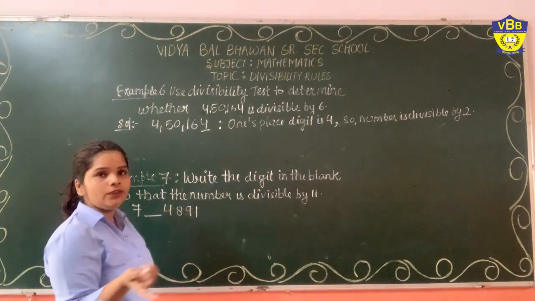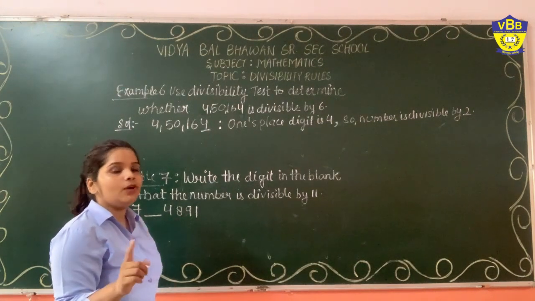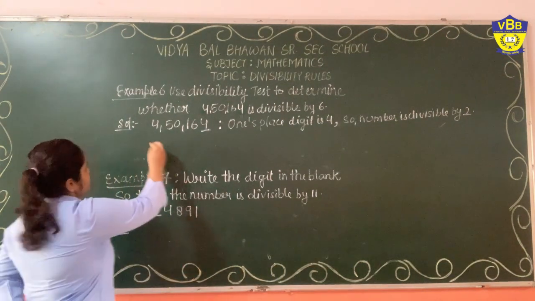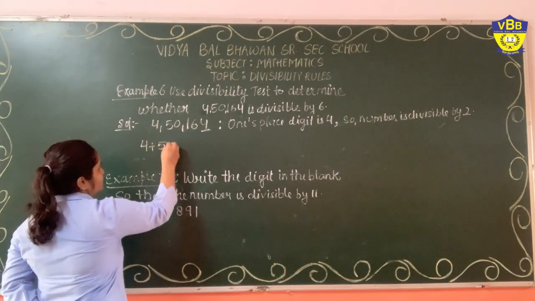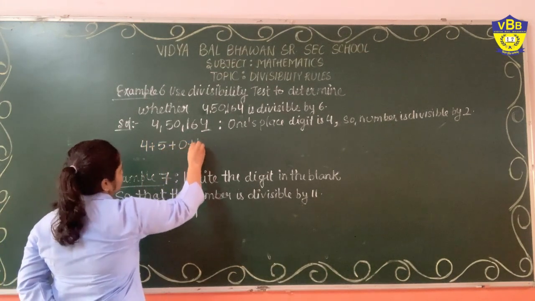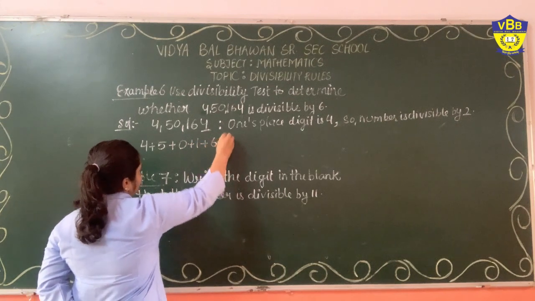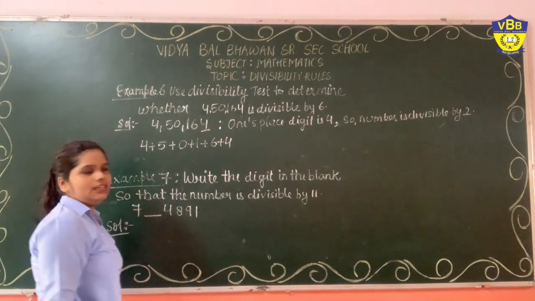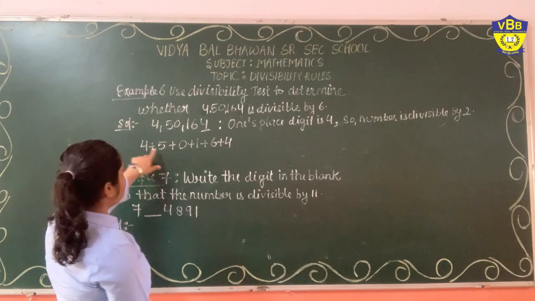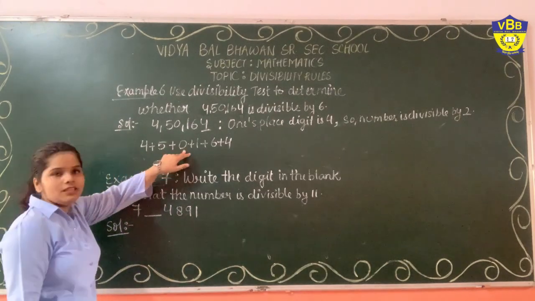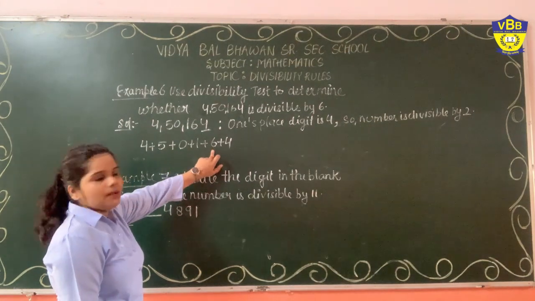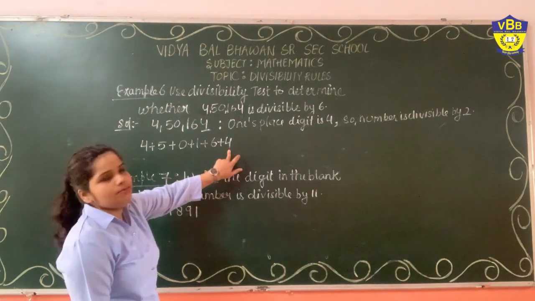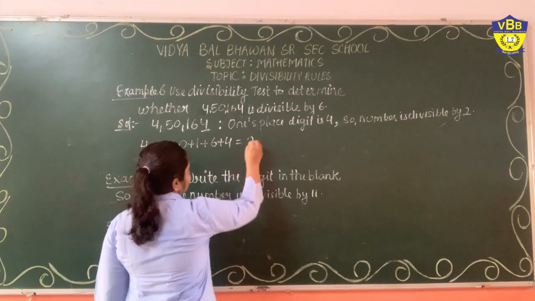And what is the rule for 3? Do the sum of the digits of the number. So the sum is 4 plus 5 plus 0 plus 1 plus 6 plus 4. 4 plus 5 is 9, 9 plus 0 is 9, 9 plus 1 is 10, 10 plus 6 is 16, 16 plus 4 is 20.